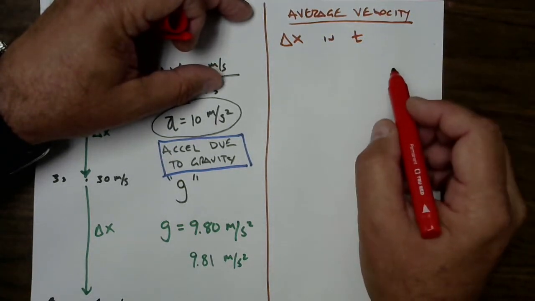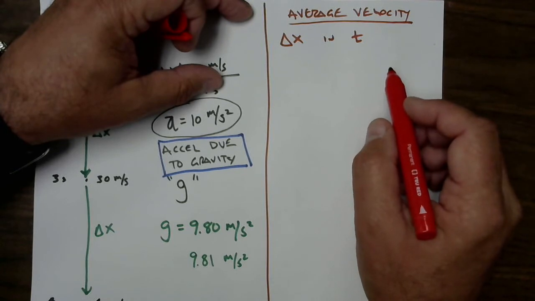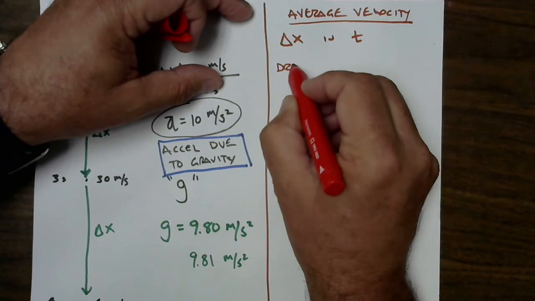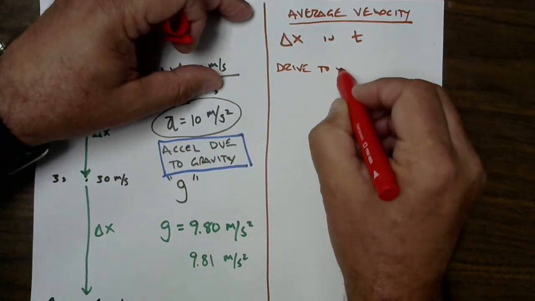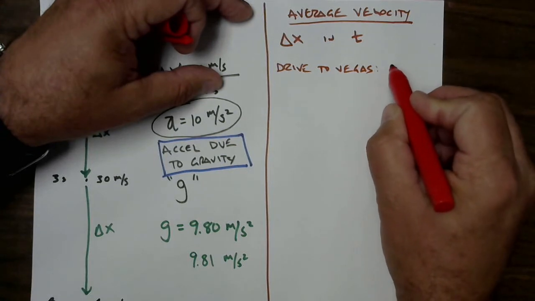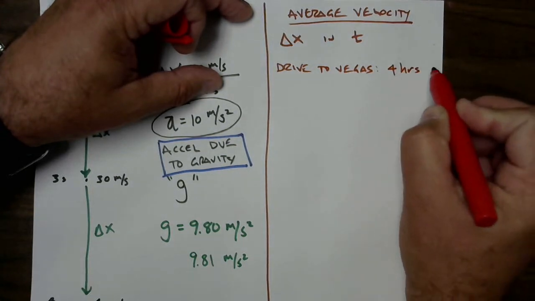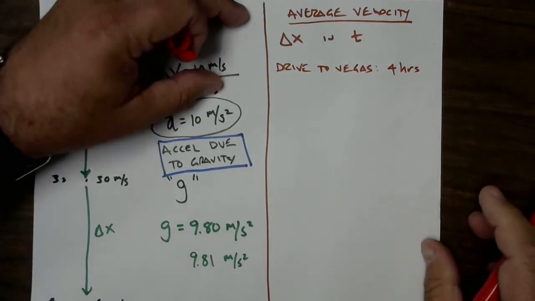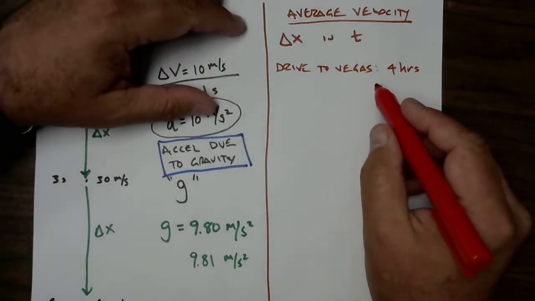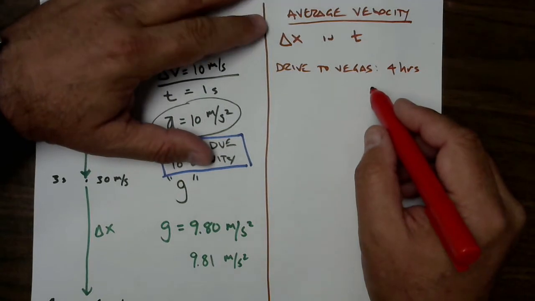For example, let's say I drive to Vegas. When I drive to Vegas, it takes about 4 hours. It actually takes a little less because I have a tendency to exceed the speed limit, but I'm going to hide that fact on a recording here.